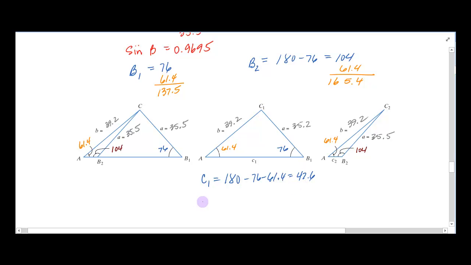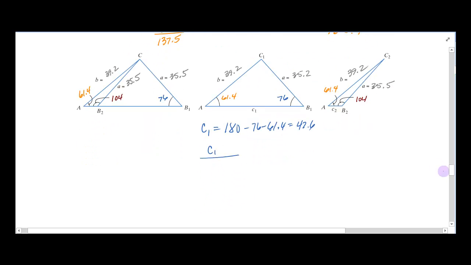Now I can use the law of sines to solve for side C1. So C1 over the sine of angle C1, which is 42.6, is equal to, let's just choose side A, 35.5 divided by the sine of 61.4.